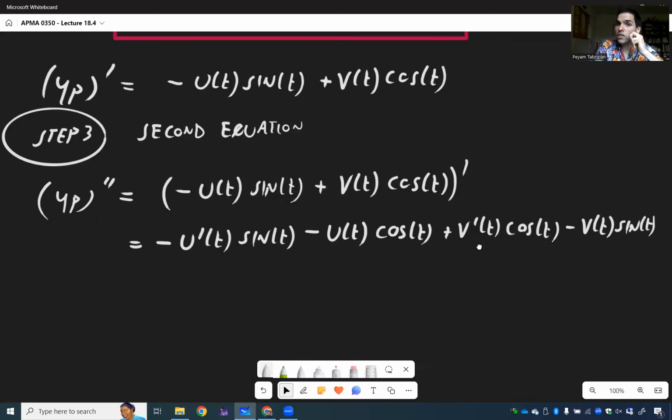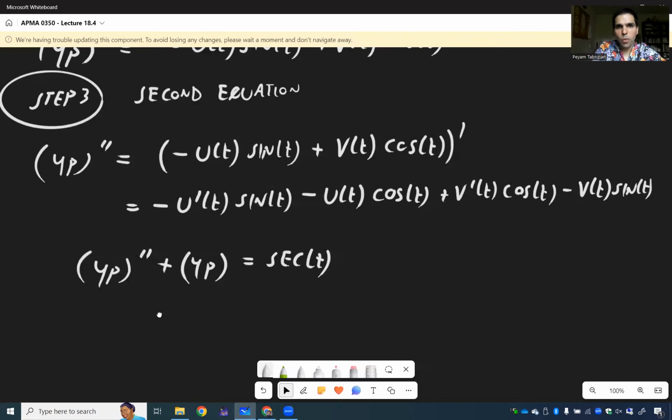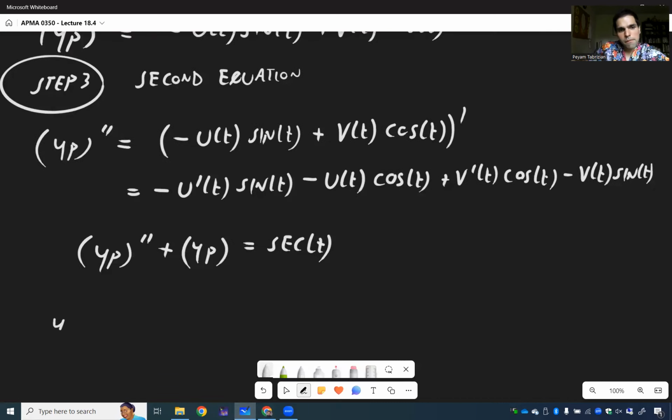And now what we want to do, we want to plug this into a differential equation, which remember said yp double prime plus yp equals secant of t. So let's look at yp double prime plus yp.